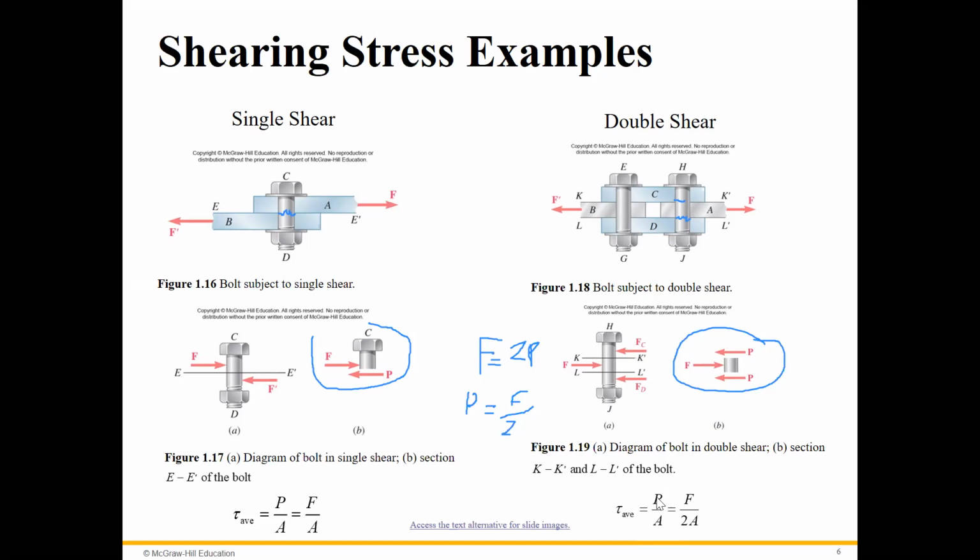And you are right. In this case, P would be F/2, because F is the external force, and we use equilibrium to find P based on F, and it is F/2. P over A is the general formula in that section, and then based on the value of the external force F, we are able to find P, right?